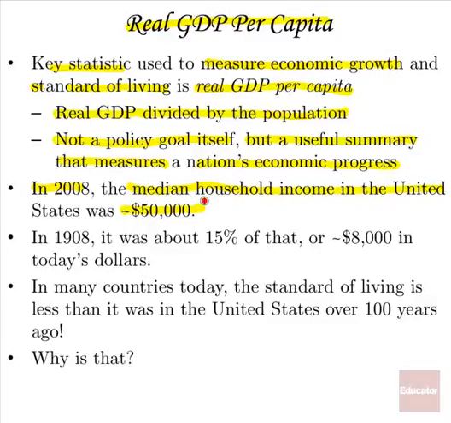In 1908, it was about 15% of that, or roughly $8,000 using today's dollars. So something happened in that 100-year time span from 1908 to 2008 that caused long-run economic growth.